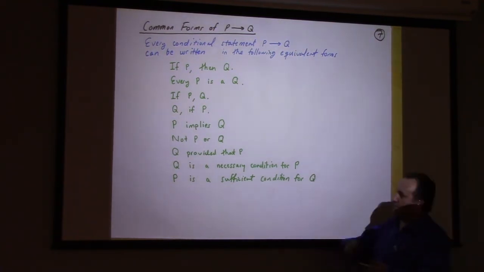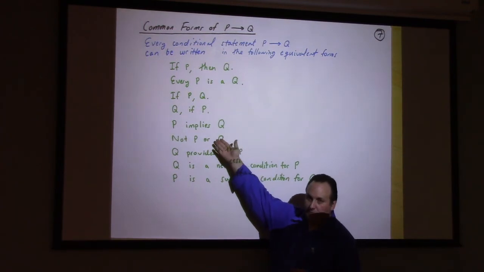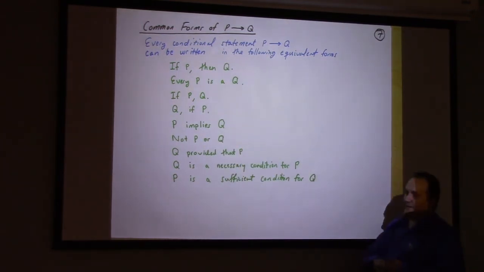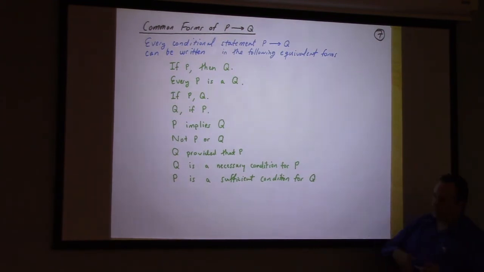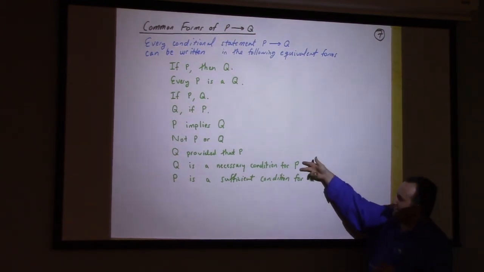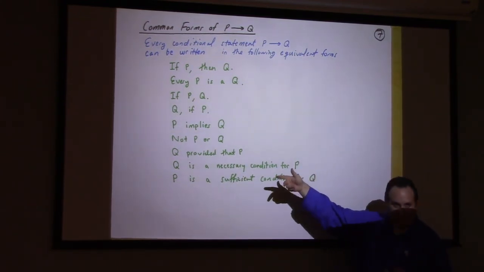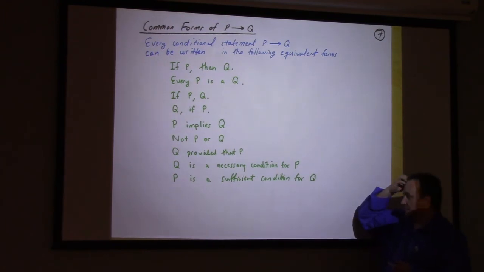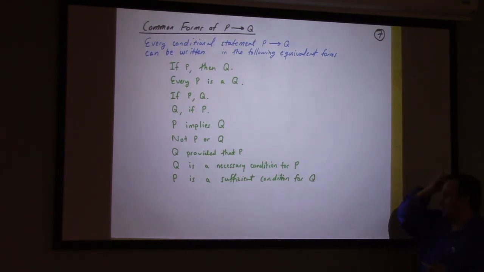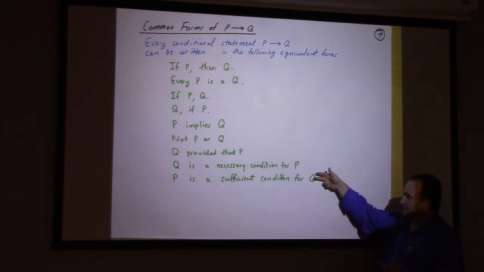Not P or Q, this is the equivalent disjunctive form. Q provided that P is another way to write it. Q is a necessary condition for P is another way. Basically that's saying that when P is true, Q has to follow. And P is a sufficient condition for Q is yet another way to look at it.